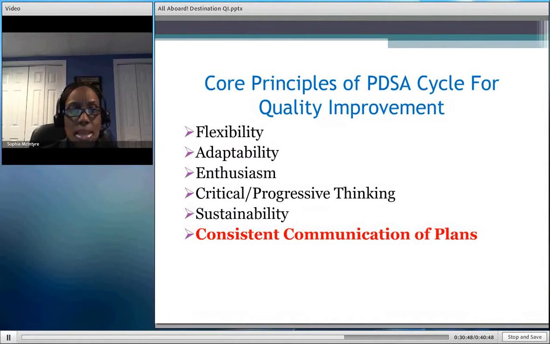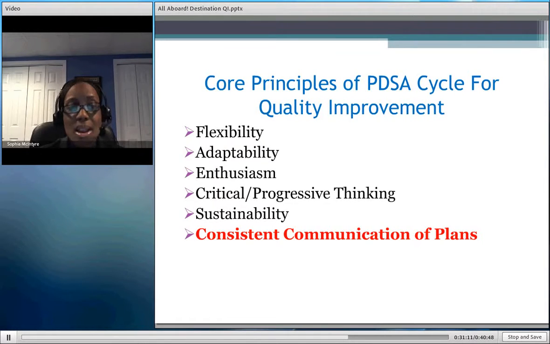It's important to be able to be adaptable. So maybe your quality improvement requires that you change your way of rooming patients. It may be that you change the way patients are getting their blood work done, where they're getting their referrals. It's important that your staff is flexible to some of those changes.